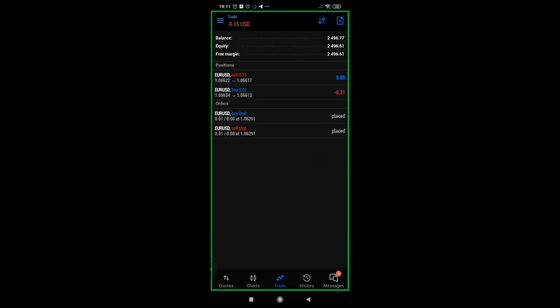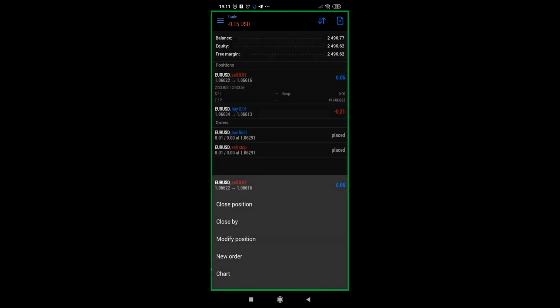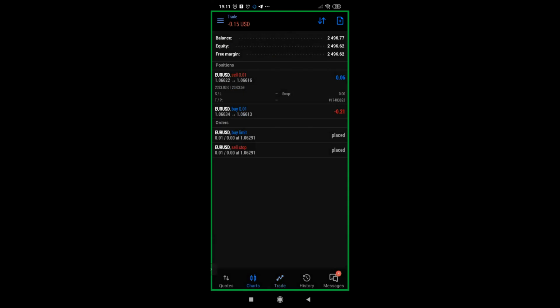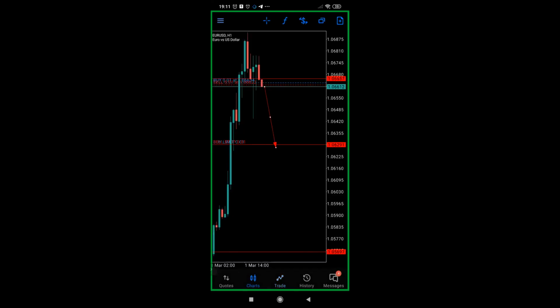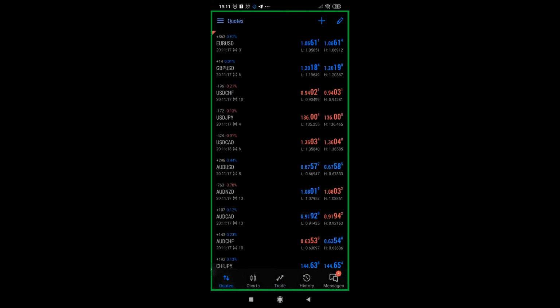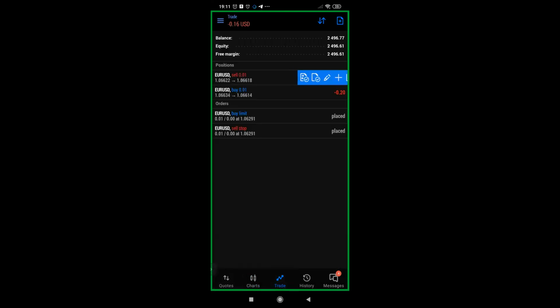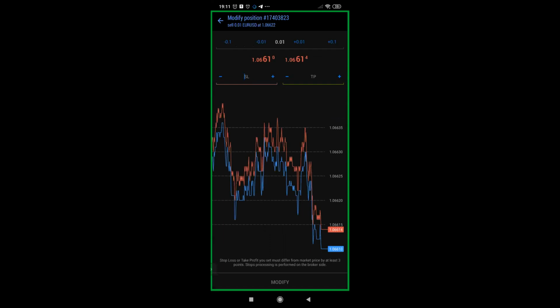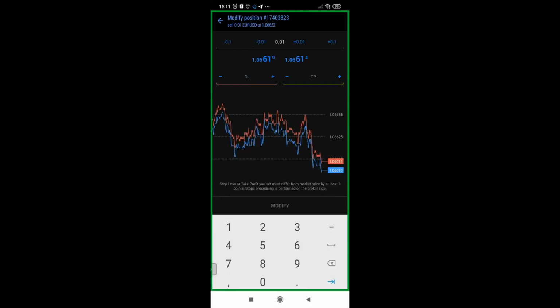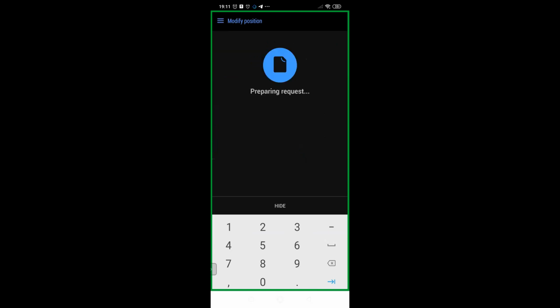Hold on, let's go to the chart and get a good stop loss. This is a sell position, so for a sell, let's use 1.07000 for the stop loss. And for take profit, you can have 1.06500. Then you click on modify.